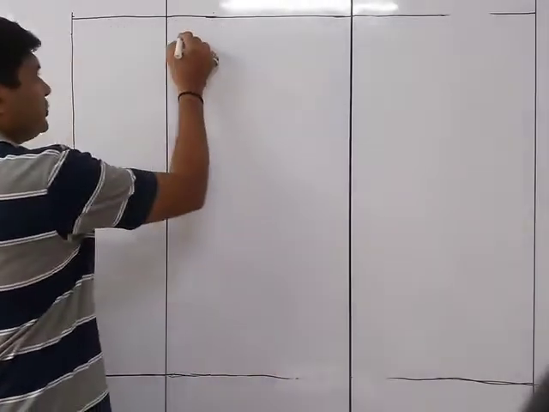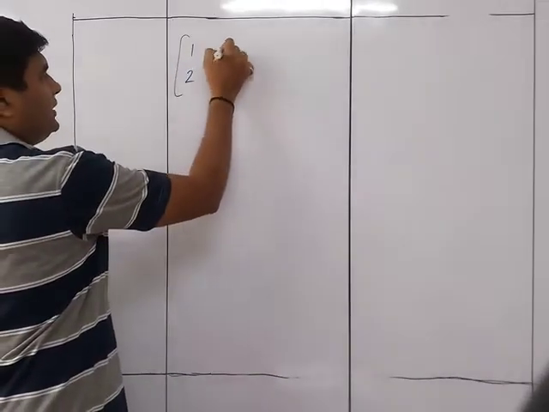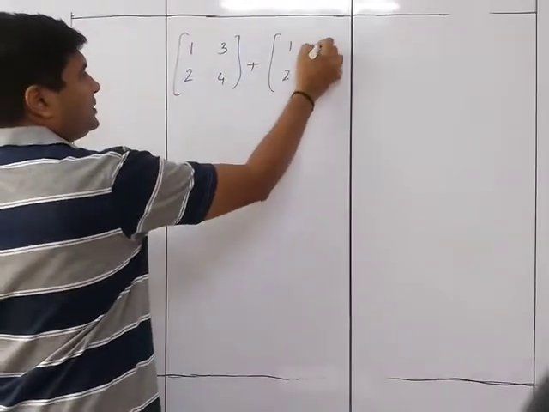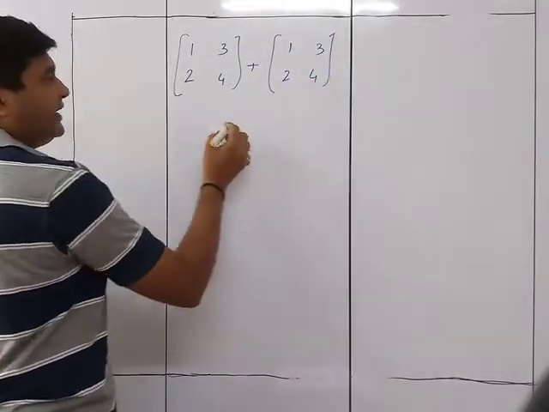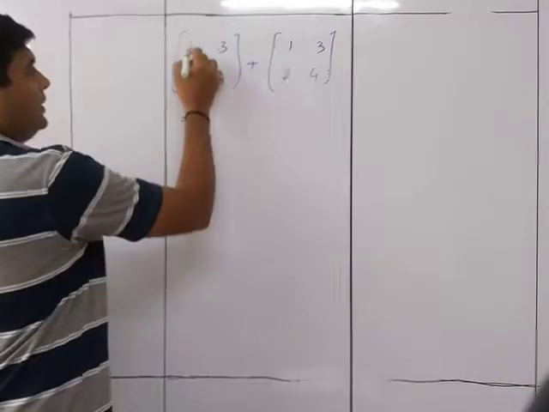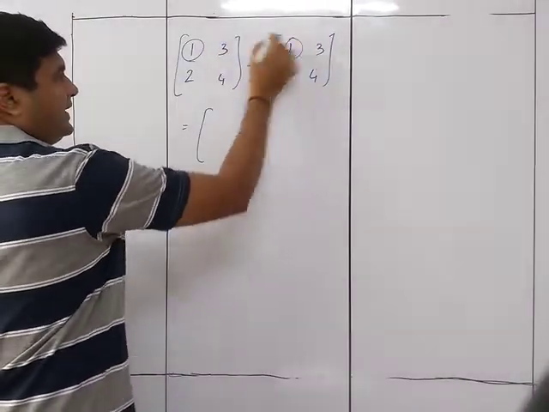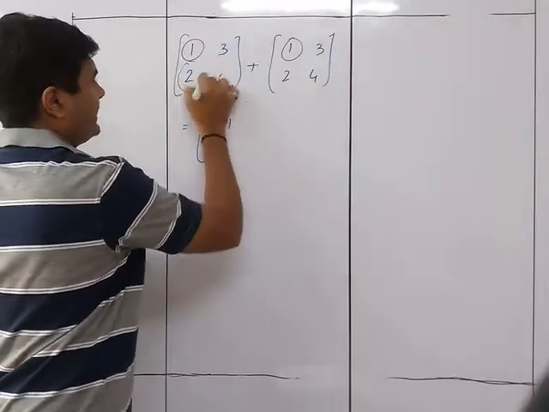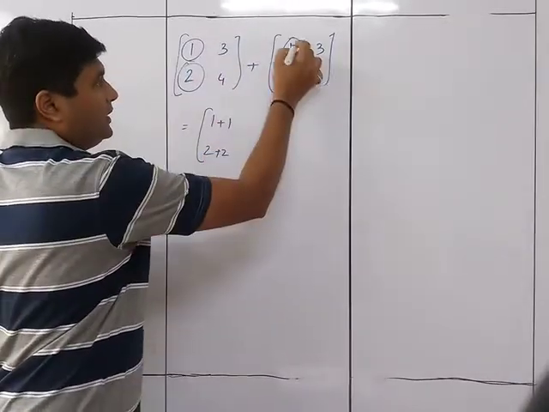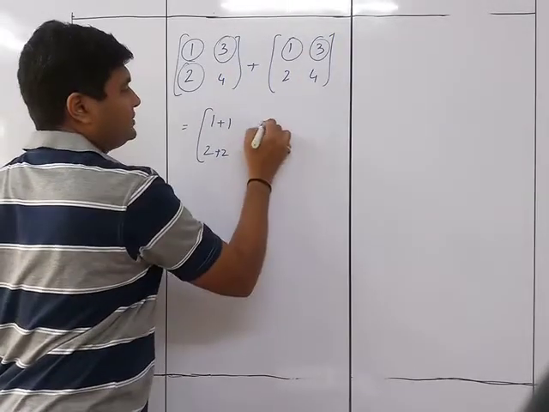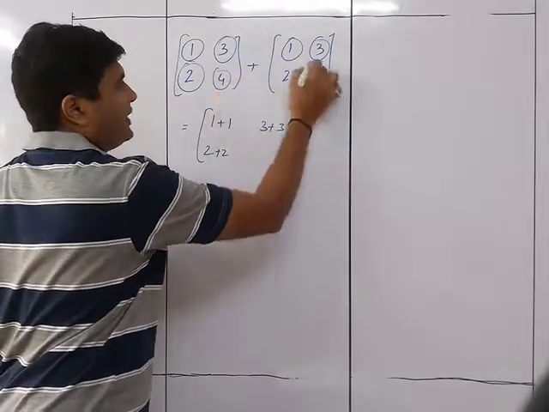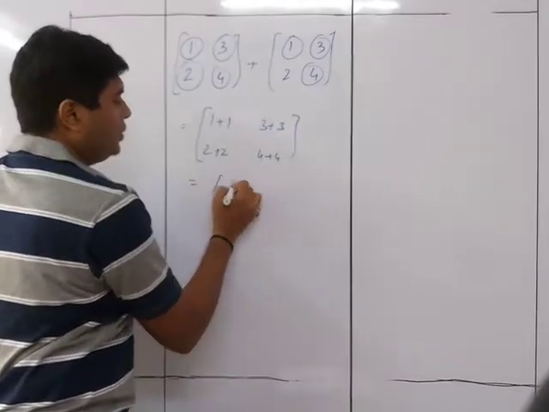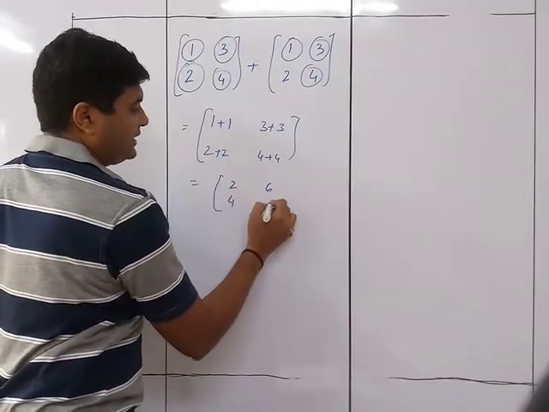So if it is 1, 2, 3, 4 plus 1, 2, 3, 4, then the first elements of both are the same, so it is 1 plus 1. Here the second is 2 plus 2, here it is 3 and 3, so 3 plus 3, and 4 and 4, so 4 plus 4. Accordingly, my answer will be 2, 4, 6, 8.